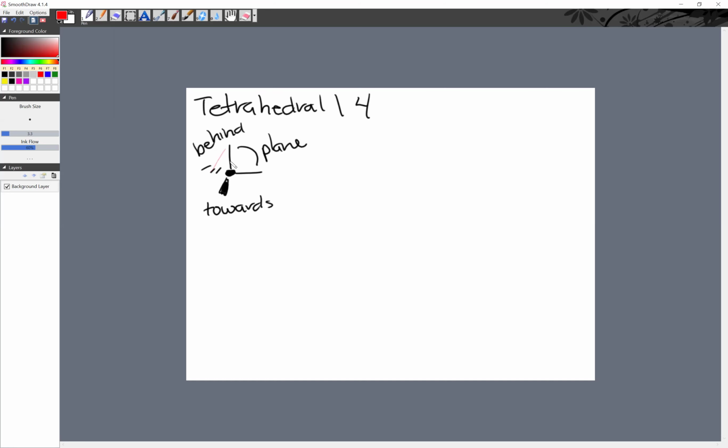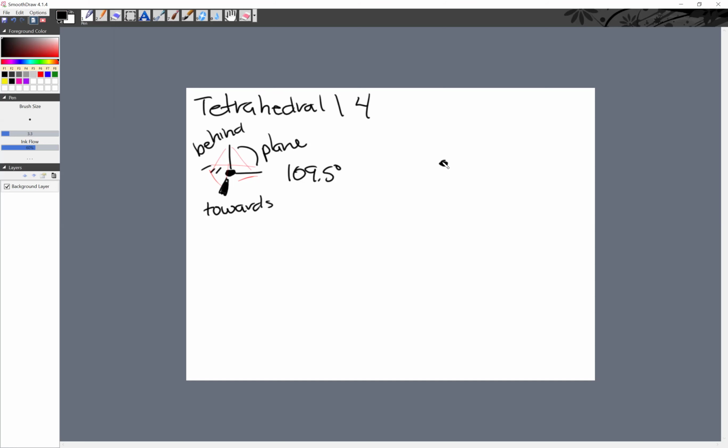So there's this face right there, and then there's this face, and then there's one back there, and then there's one at the bottom. So that is making a tetrahedron. So that's where the name comes from. And the angles are all 109.5 degrees. And it does not matter how you rotate it, it is 109.5.